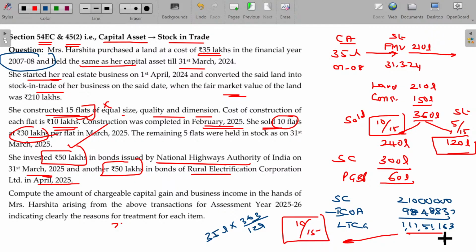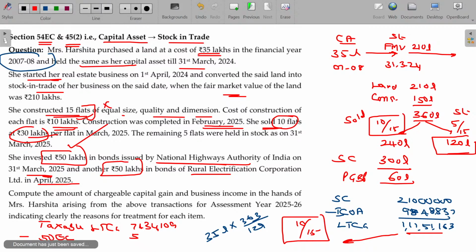Now, how much is going to be taxable? Out of that, only 10 by 15. The taxable long-term capital gain is 74 lakhs 34,109. Section 54EC deduction can be claimed up to 50 lakhs.